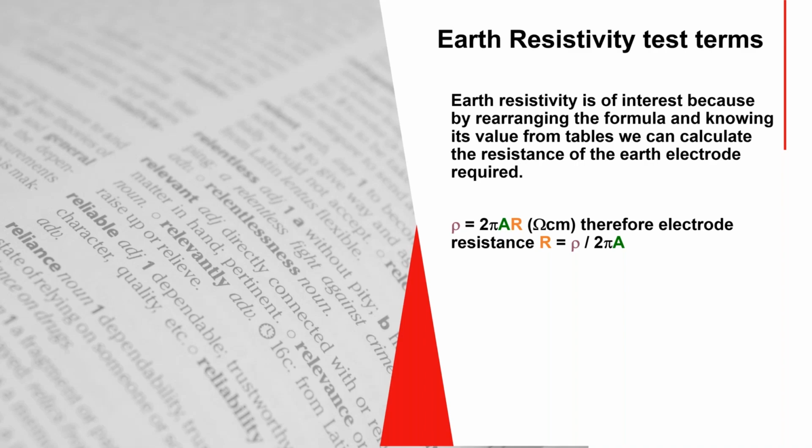The software will then design the system for you, and it will tell you, okay, you want to have 20 10-foot rods in order to reach a resistance of such and such a number. So this is where you can use this type of data to design your grounding system. Next.